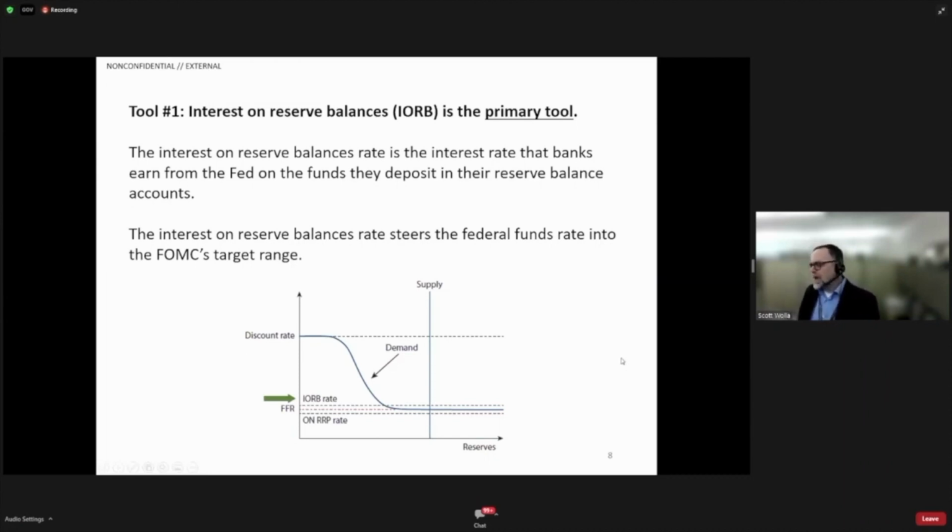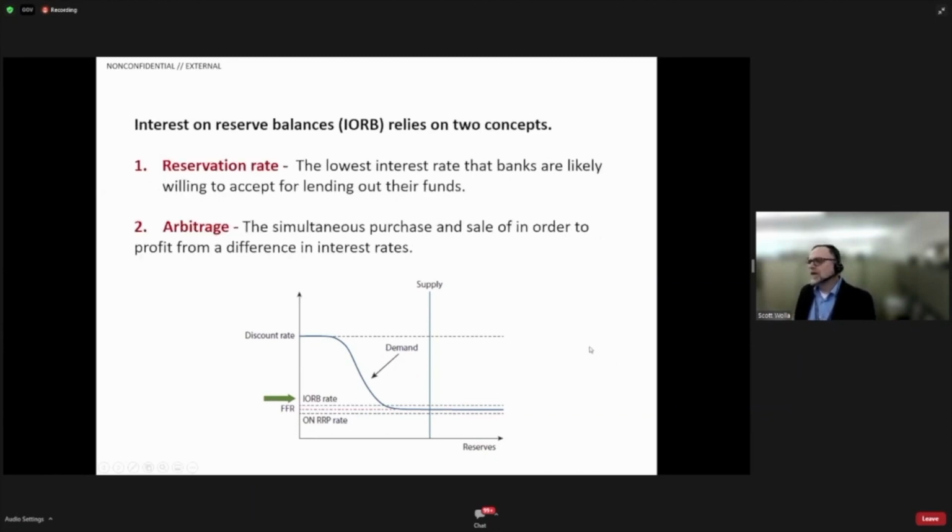So the question is, how can an interest rate be used as a policy tool? There are two concepts related to this that become essential to teaching how this works. The first one is the reservation rate. The reservation rate is the lowest interest rate that banks are likely willing to accept for lending out their funds. So this is the minimum rate that they're willing to accept.